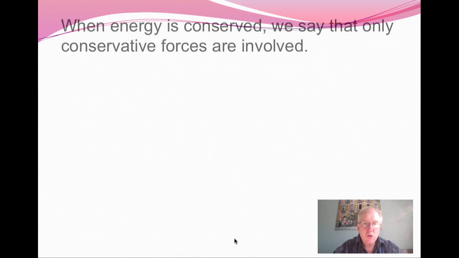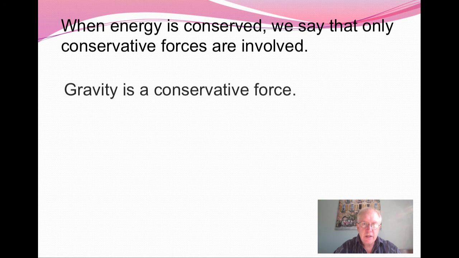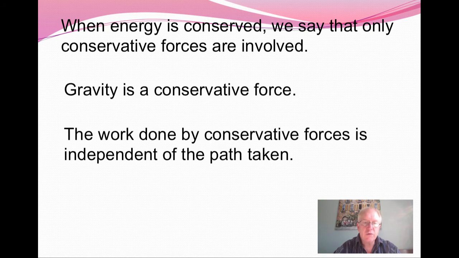All right, so this idea of gravity here is a conservative force. So if you're talking about the work that gravity does in converting potential and kinetic energy back and forth between themselves, you're going to say that energy is conserved. So if the forces involved are conservative forces, and as I say, gravity is a conservative force.